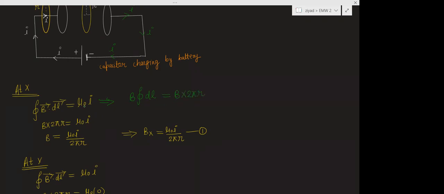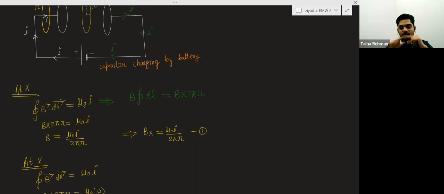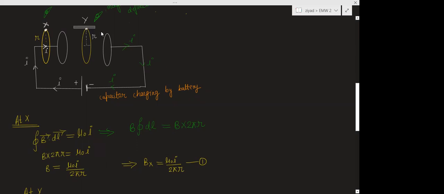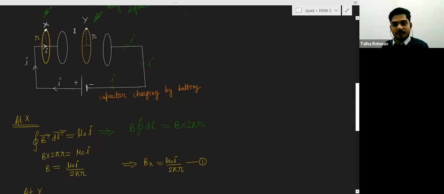Closed integral of dl means you are adding small elements of this circle and you get the perimeter of the circle. The perimeter of the circle is 2 pi r, so that is why I have written B into 2 pi r here. Now after that you have taken a loop.